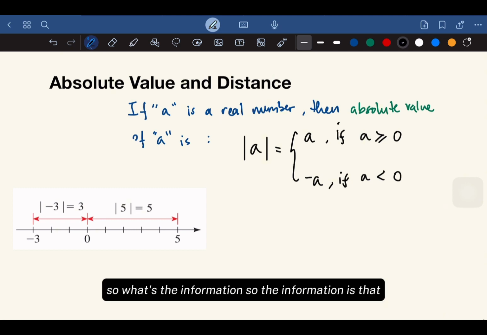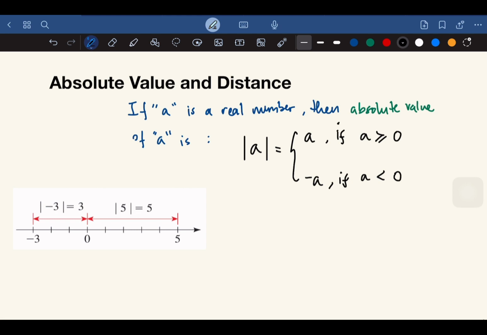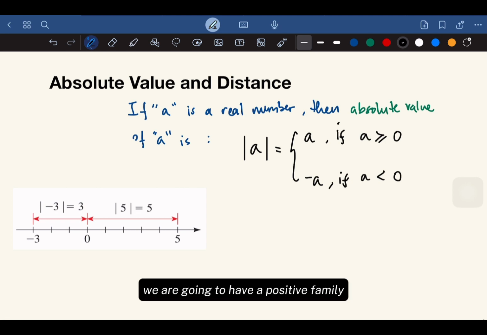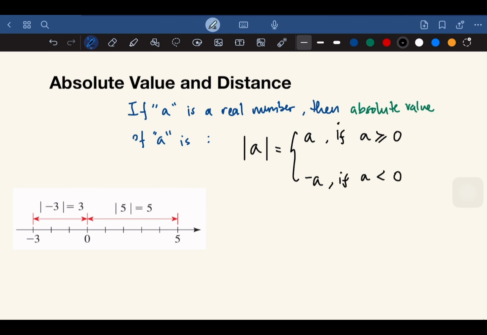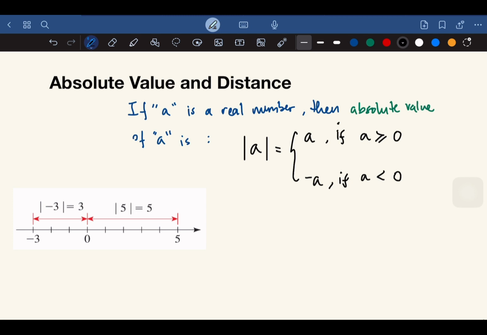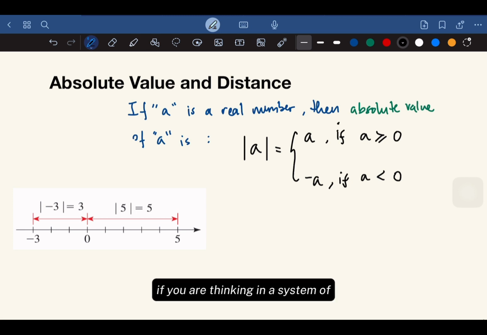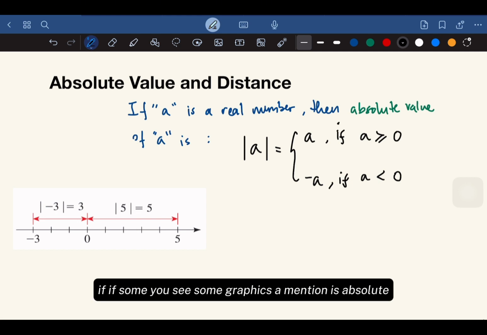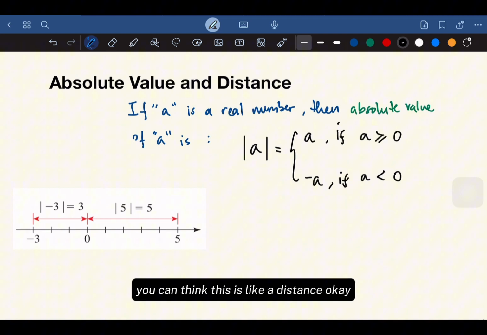So what's the implication? The implication is that everything inside this absolute value, we are going to have a positive value. Okay. And sometimes these symbols also indicate distance. If you are thinking in a system of coordinates or Cartesians, if you see some graphics, they mention absolute, you can think of it like a distance.